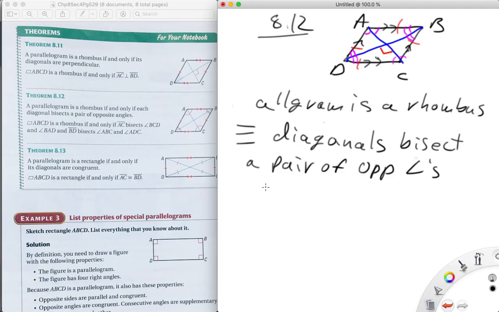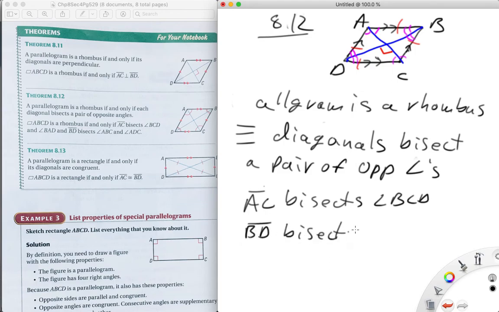So we'd say that AC bisects angle BCD, and we would say segment BD bisects angle ADC.